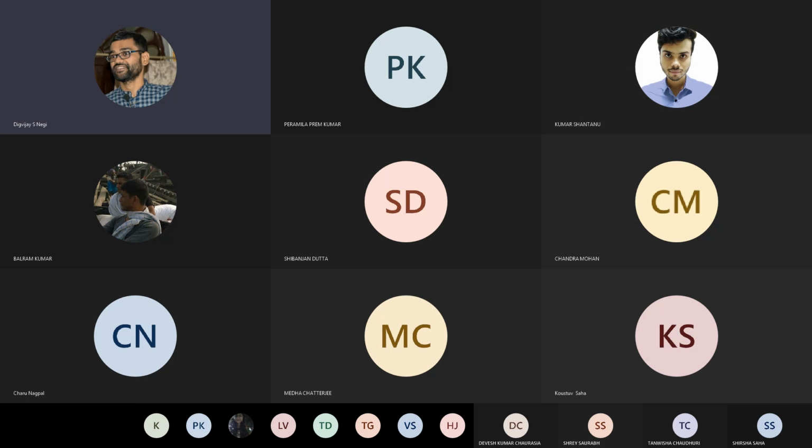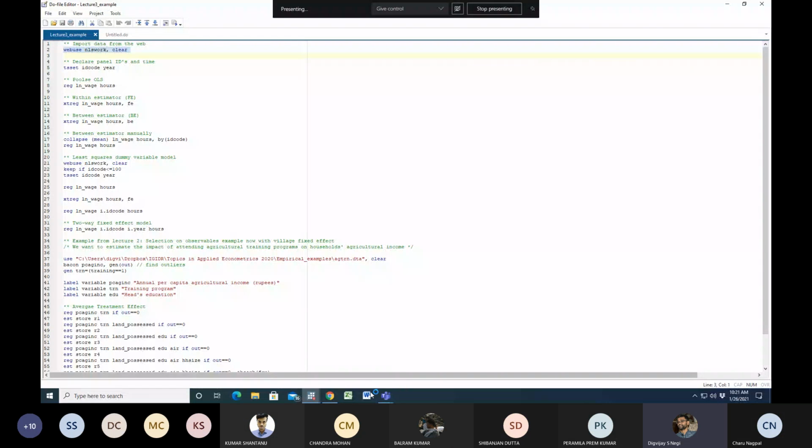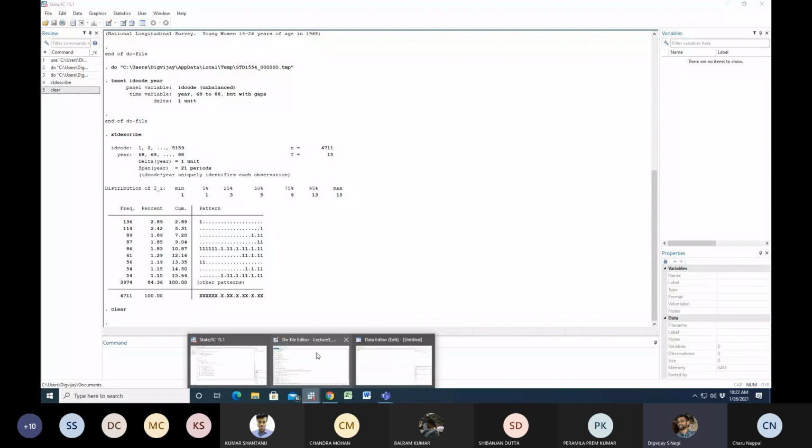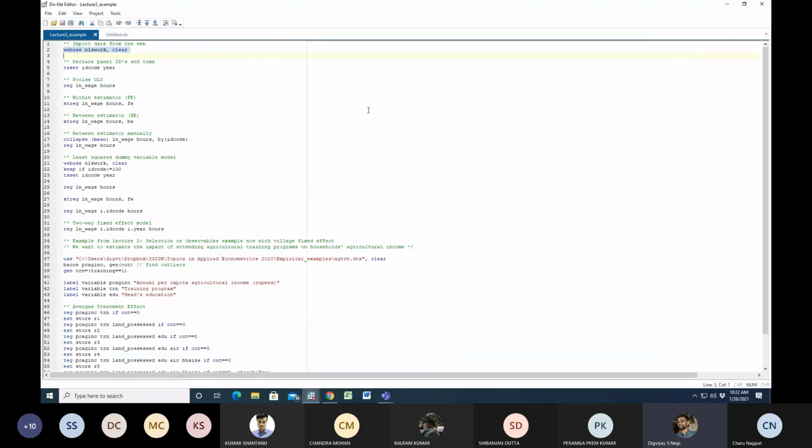So I'm using this data set, which is already there in Stata itself, so you can call it whenever you want. This data set and these do files are on my website, so you can download them and work through them yourself.